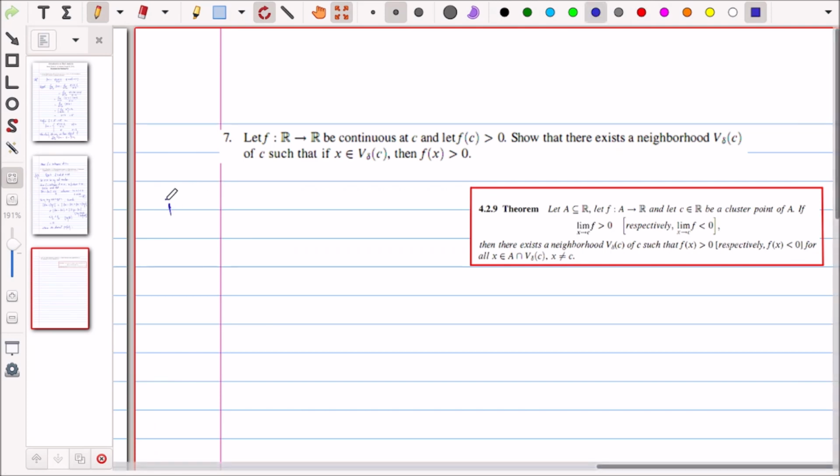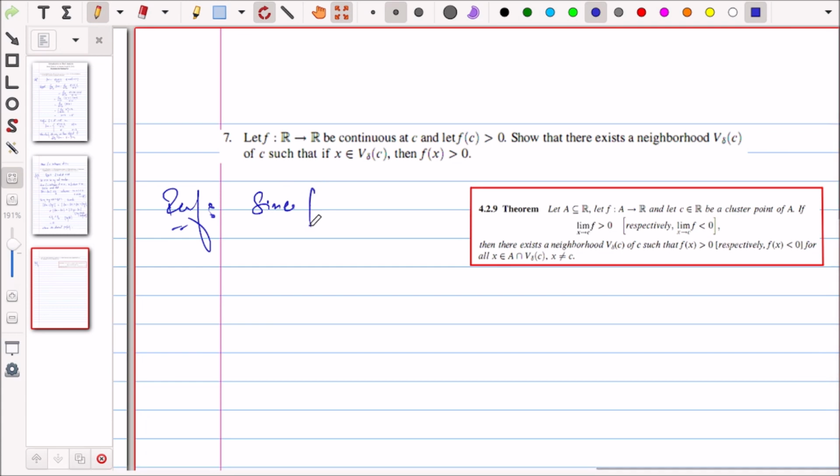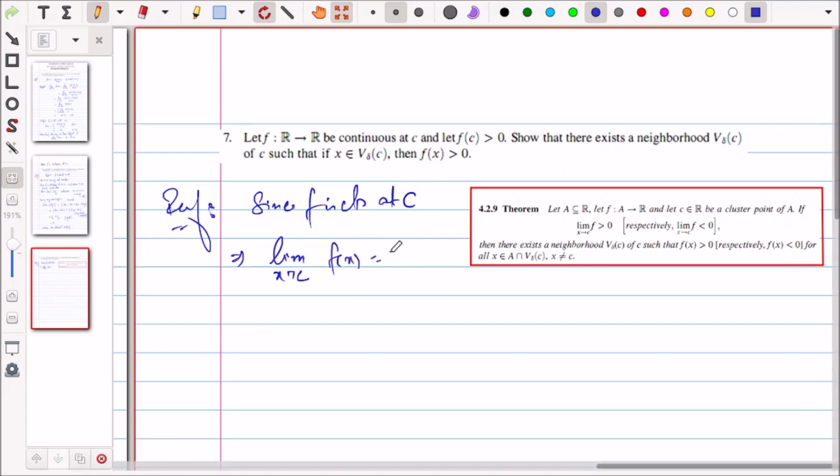Okay, so proof. Since f is continuous at c, this implies limit x tends to c, fx equal to fc.